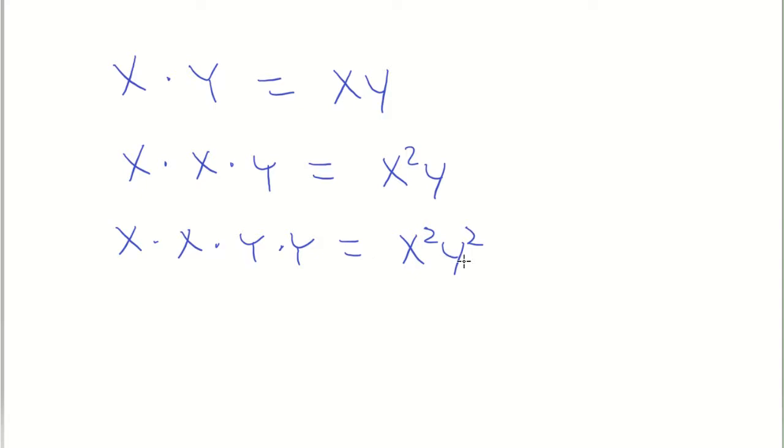It's just as simple as you can get it. Now if you were to add these, you can add some of these. If you had x times x plus y times y, that would be the same as x squared plus y squared.